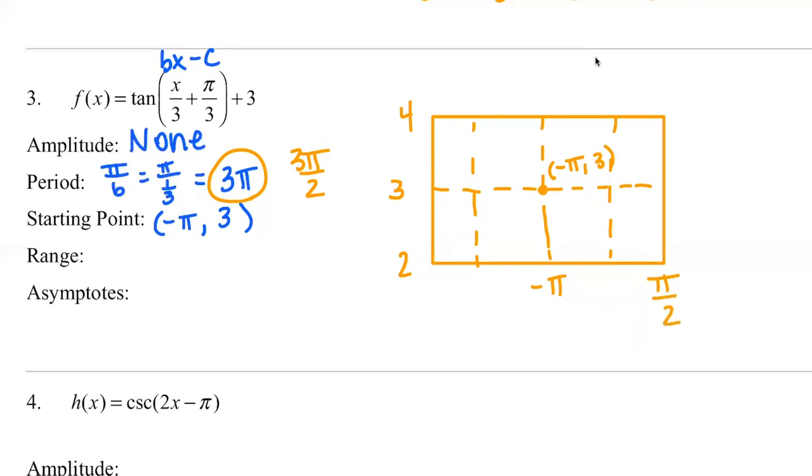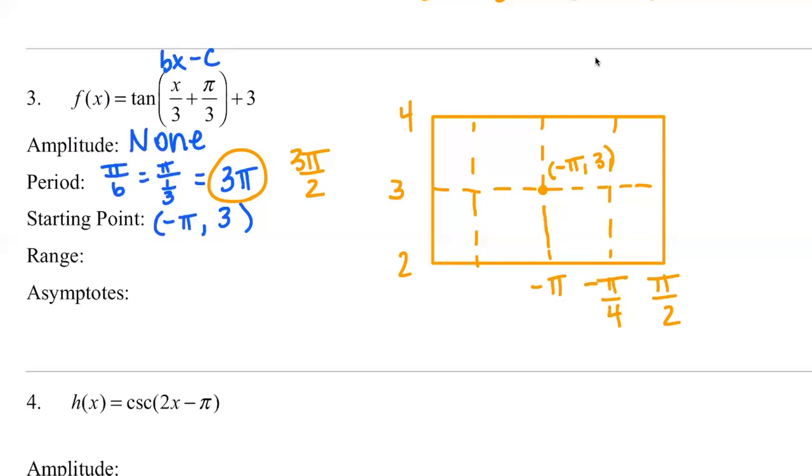Now, if I add these together to get negative pi over 2 and divide by 2, we would have negative pi over 4.